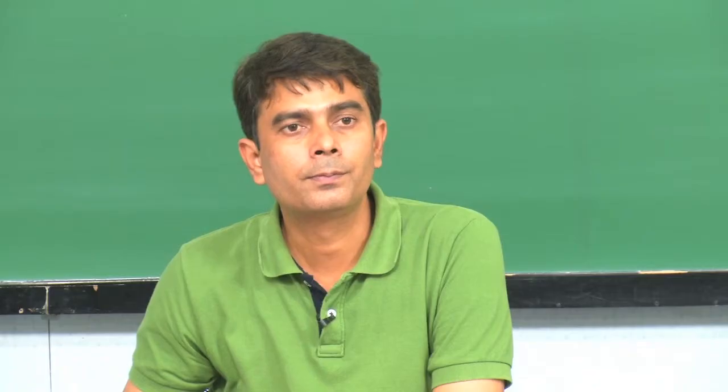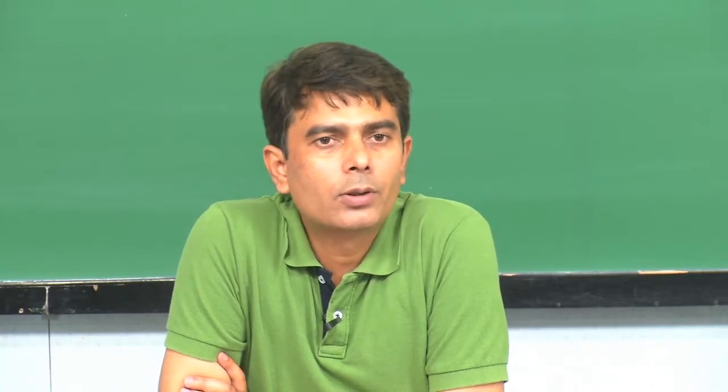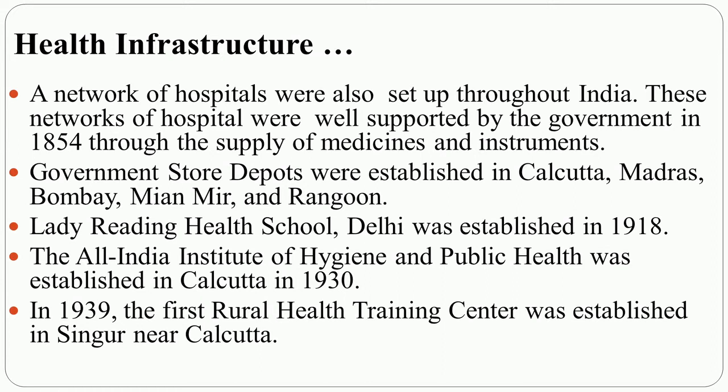of Britain. A network of hospitals was also set up throughout India. These networks of hospitals were well supported by the government in 1854 through the supply of medicine and instruments. So, government store depots were established in Calcutta, Madras, Bombay, Myanmar and Rangoon, and we can see here that again big cities or big towns were having such facilities.